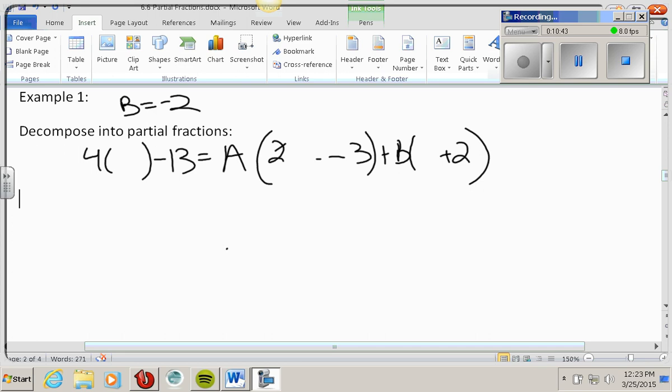And in order to find A, we need to make the B term on the left side of the equation equal to 0. So in order for it to be 0, it needs to be multiplied by 0, in order to eliminate the B. So we're going to use x equals -2. So we will let x equal -2.